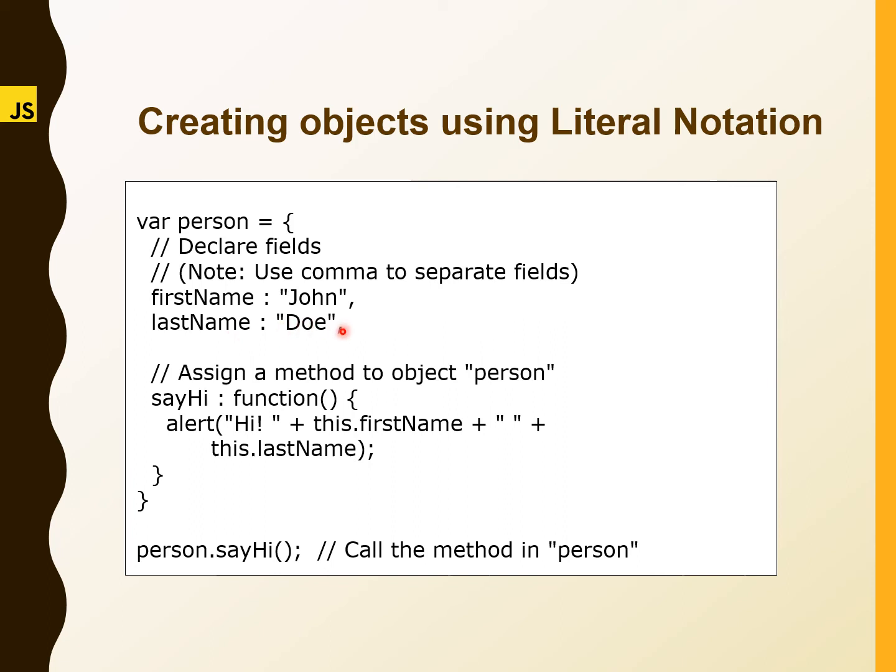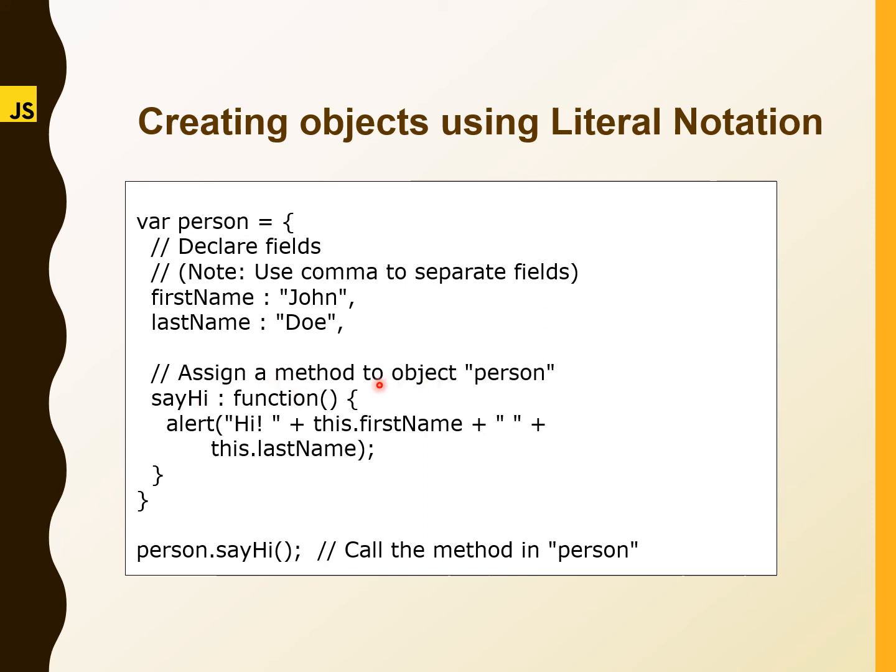Again a comma, which indicates that some more things are to come for the variable. After that it is mentioned sayHi, colon. Instead of specifying a particular value, it specifies the keyword function with parentheses, which indicates that sayHi is a function.